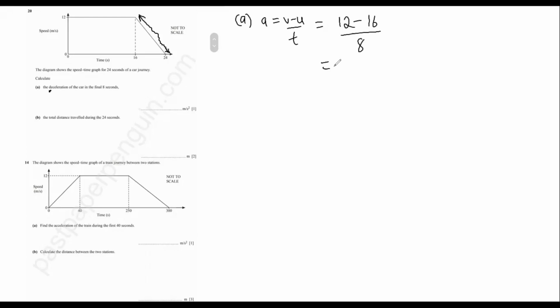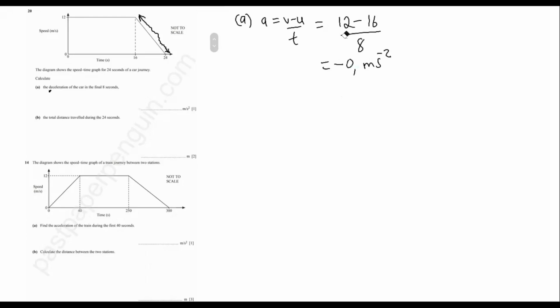Minus 4. And then what's the final answer? So you get minus 0.5 meters per second squared. Okay, so I made a mistake. I put 24 instead of the... so now I'm getting confused.